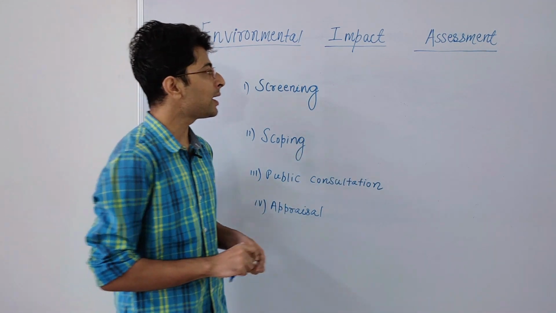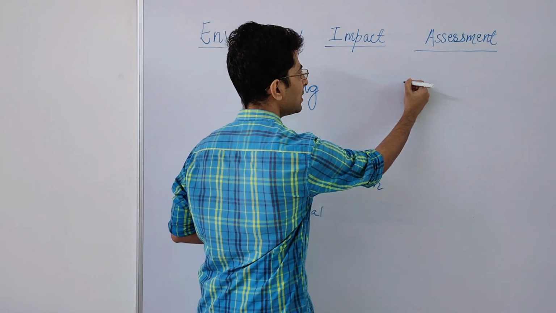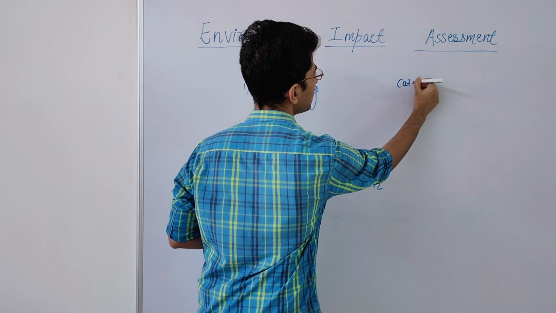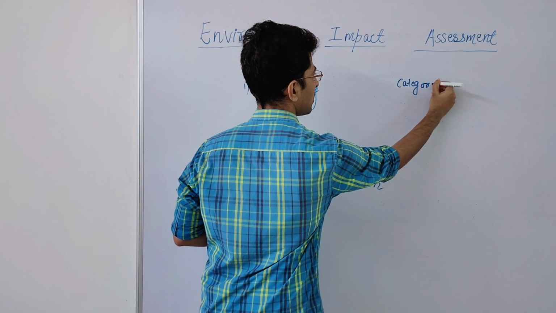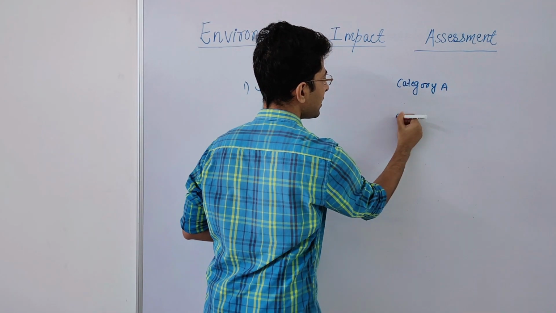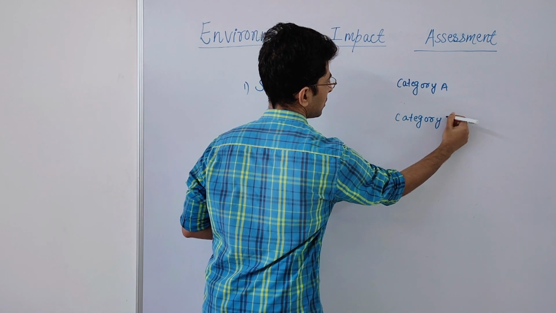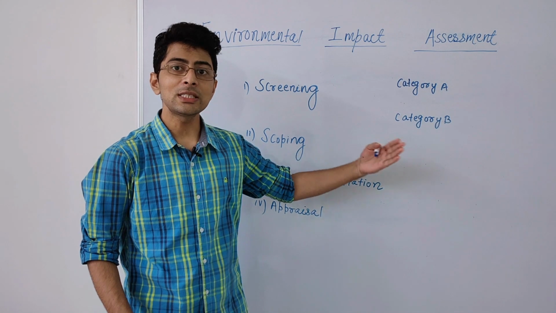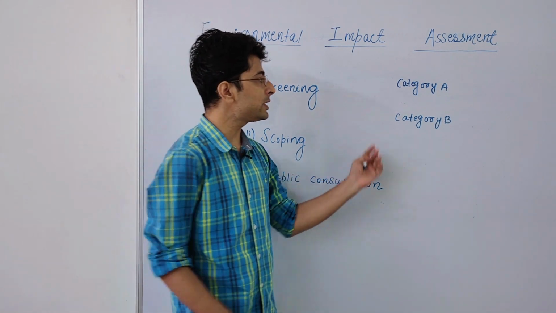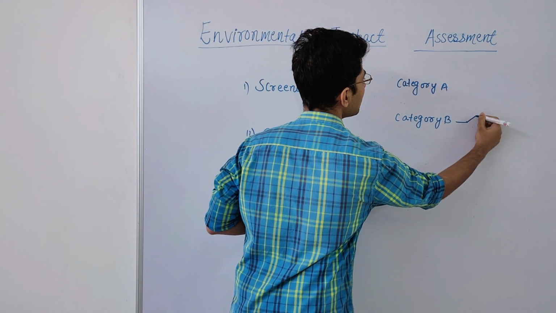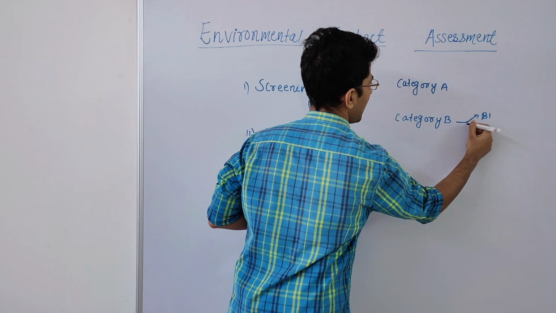So the basic categorization or classification is category A and category B. There is further subcategorization of category B projects, that these are B1 and B2.